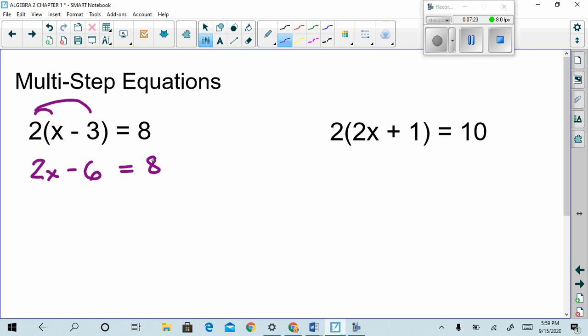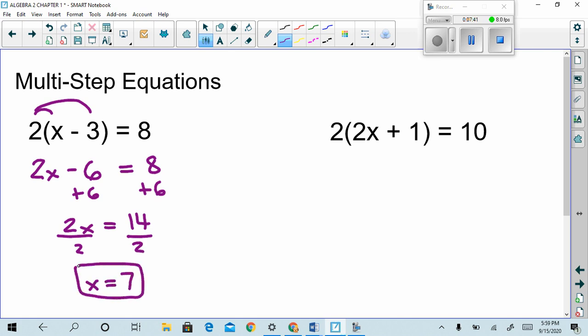Step 1, eliminate the parentheses. Now it's a two-step. Let's add 6 to both sides. Let's divide by 2. I get x is equal to 7. Once again, I can plug that in. 7 minus 3 is 4. 4 times 2 is 8.